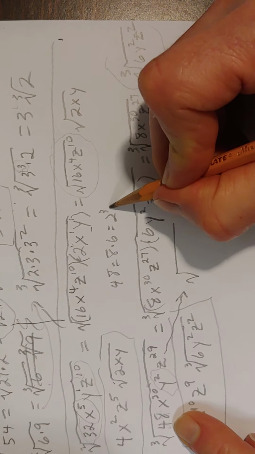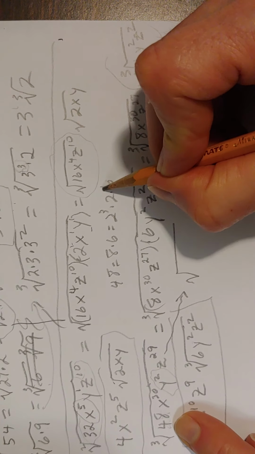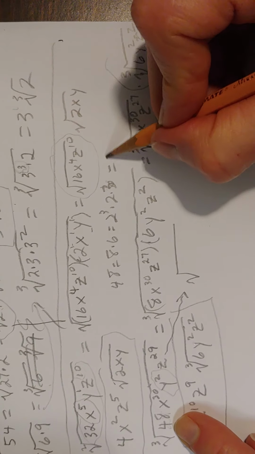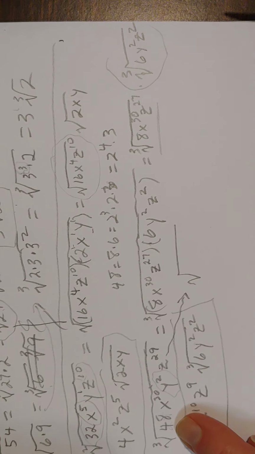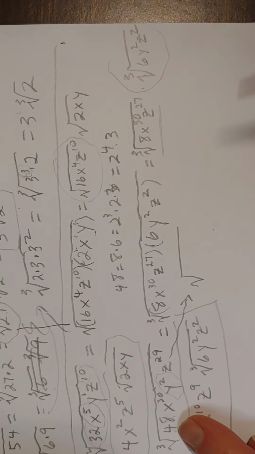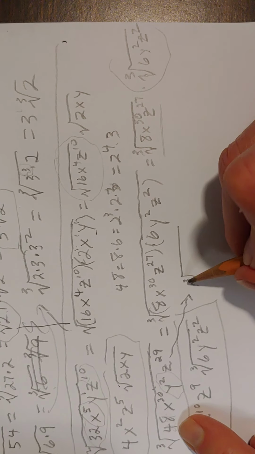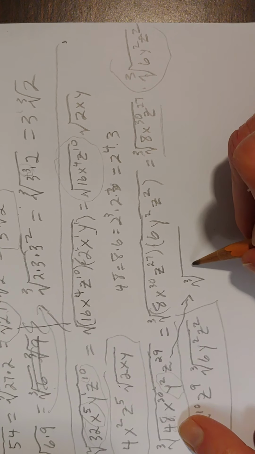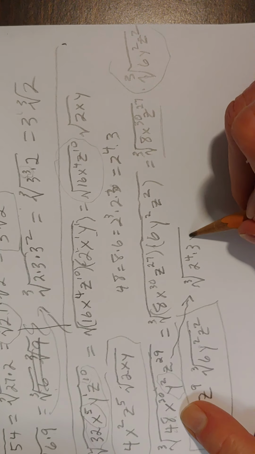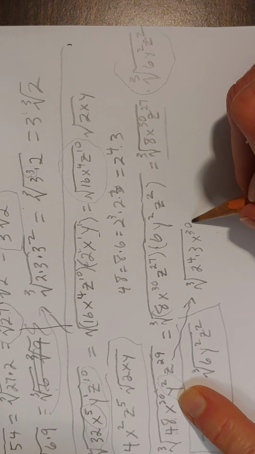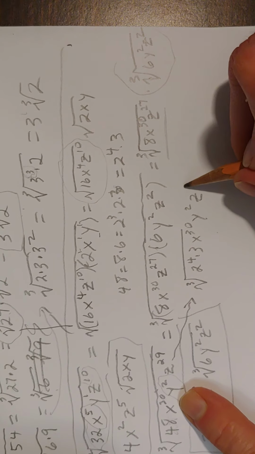That's 2 cubed times 2 times 3, or 2 to the 4th power times 3. That's another way of writing 48. So if I was doing this problem, I could say it's a cube root of, factoring 48, I would get 2 to the 4th times 3 times x to the 30th times y squared times z to the 29th.